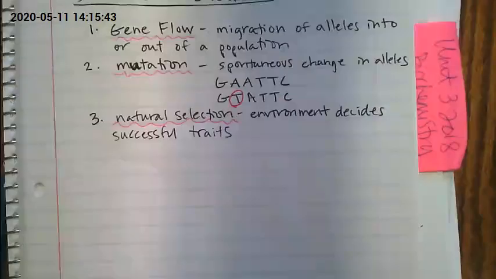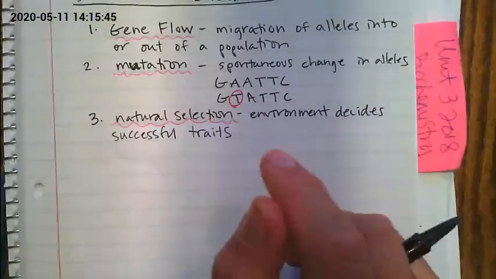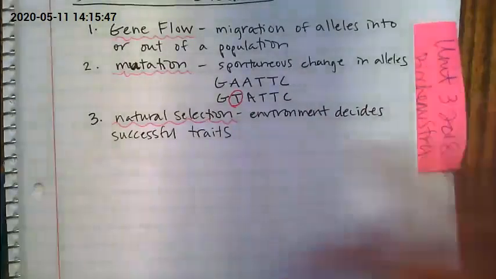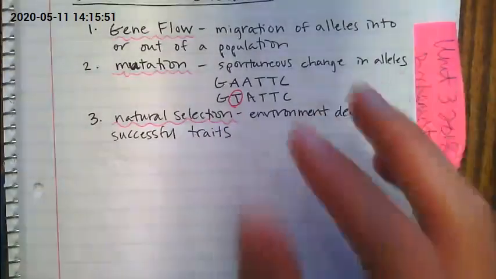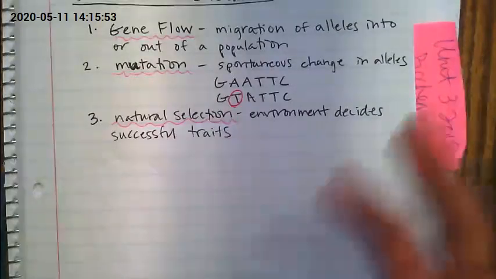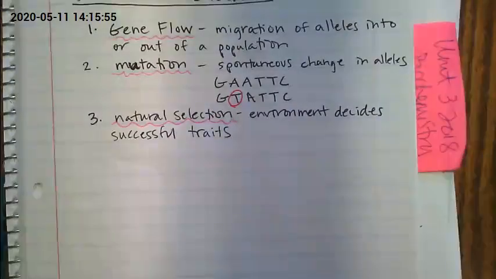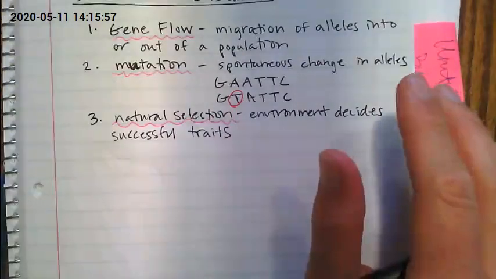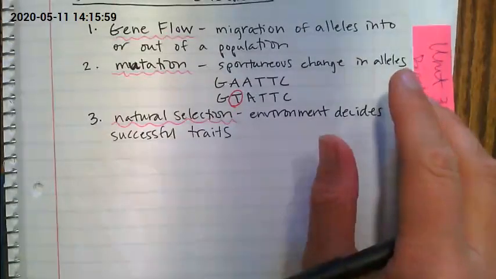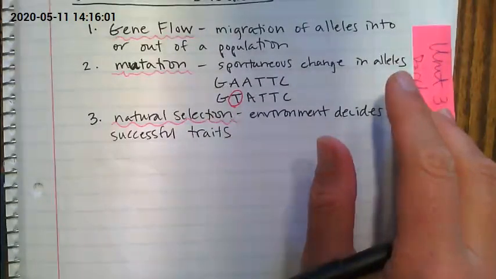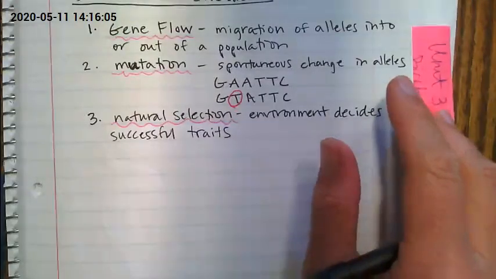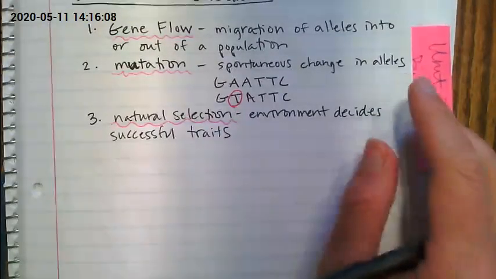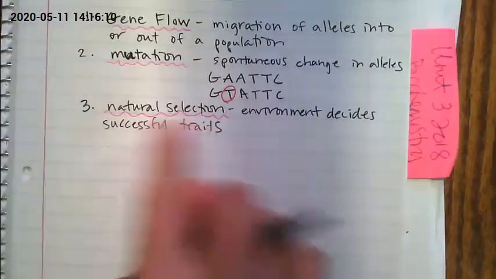So if you have a certain type of beak, maybe your beak is really long and pointed, and in the environment that you live in, a pointed beak is advantageous, then that's going to be a successful trait. So you're going to have offspring and pass that trait on. If in that environment you had more of a short, blunt beak, and you can't access the food, you're never going to grow into adulthood. You're not going to have offspring, and so that trait's not going to get picked up. So that's when nature decides.